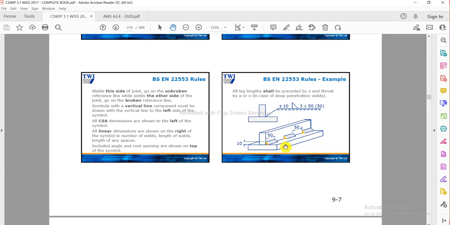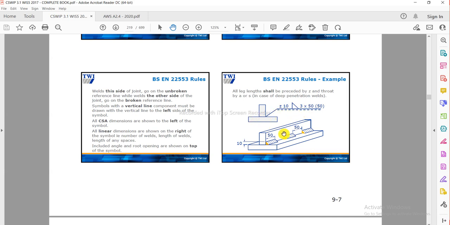If it is not clear, once more: as per BS EN ISO 22553 rules, when the symbolic representation is above the reference line, welding will be at the arrow side, as clearly shown in the drawings. If the symbol is below the reference line, welding will be at the other side.